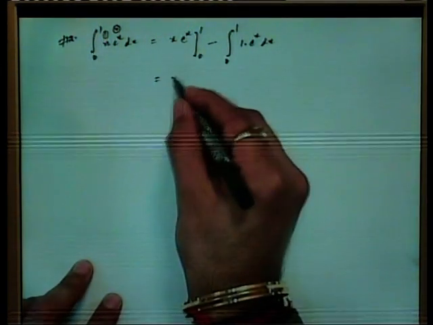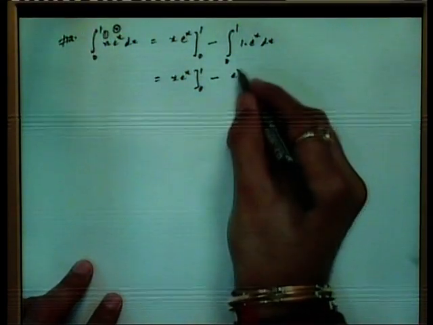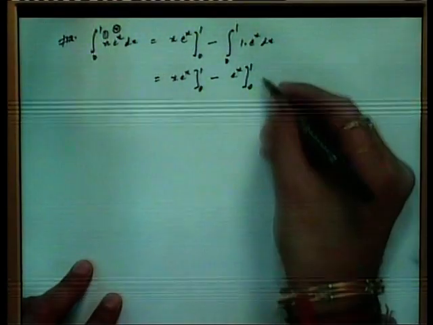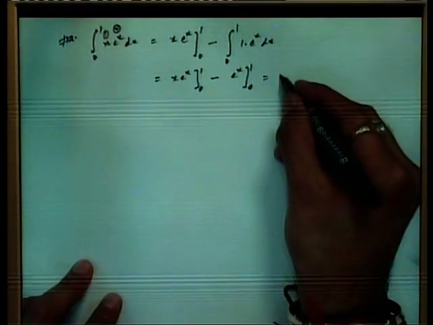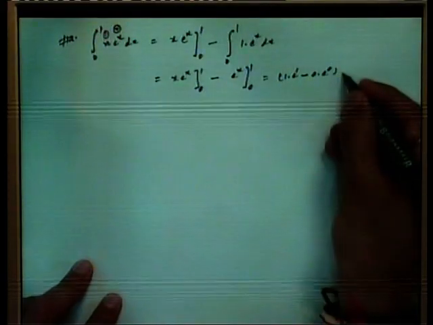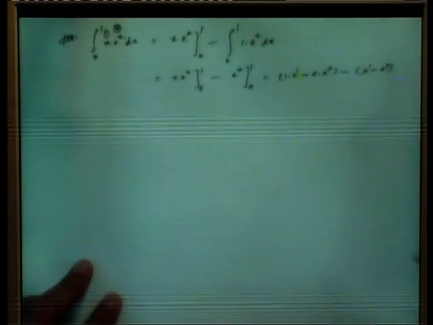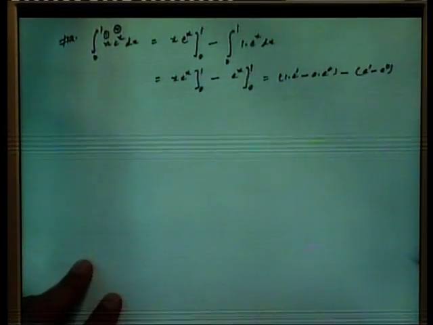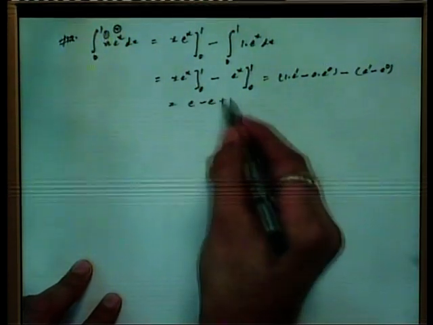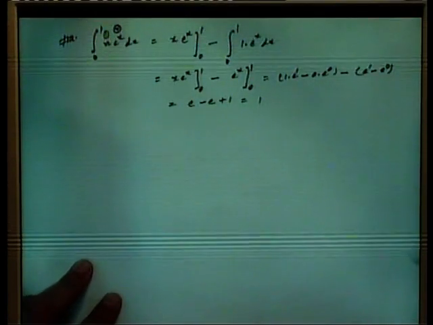So this becomes x e^x limit from 0 to 1 minus integration of e^x is e^x. This further by putting the upper limit first, we get 1 into e^1 minus 0 into e power 0, minus e power 1 minus e power 0. So after solving you can get e minus e plus 1 that is equal to 1. This is again a definite value that is equal to 1.